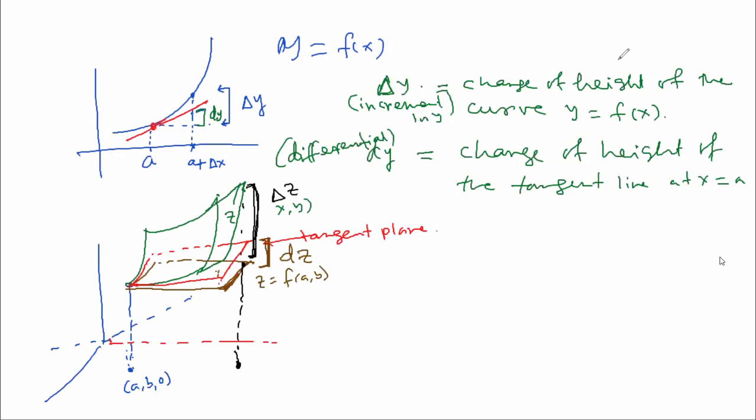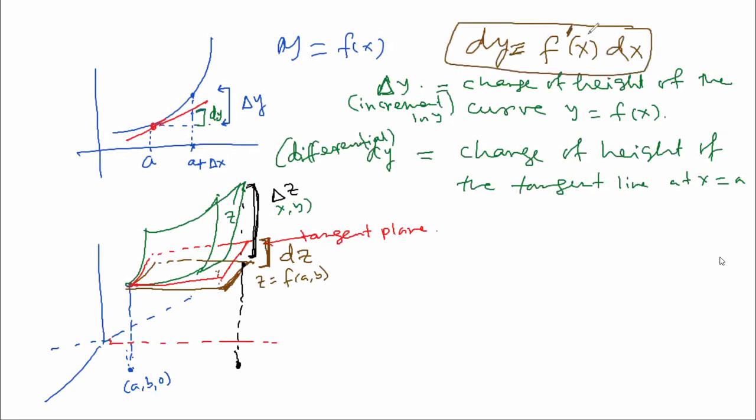So in one variable, this is what you have. dy equals f prime of x dx. That's the one variable formula. I'll give you the geometry. For two variables, what would be dz?